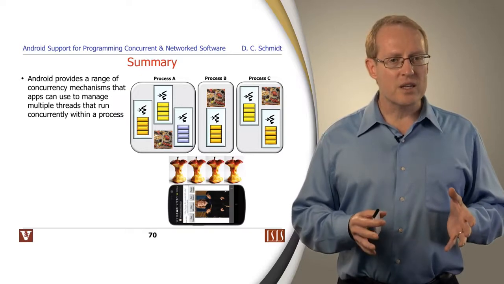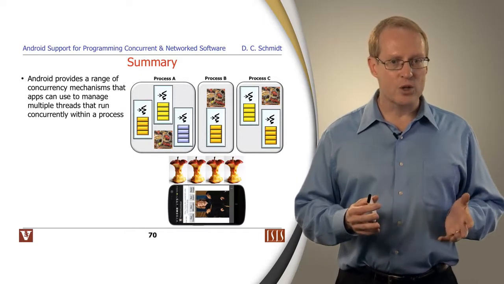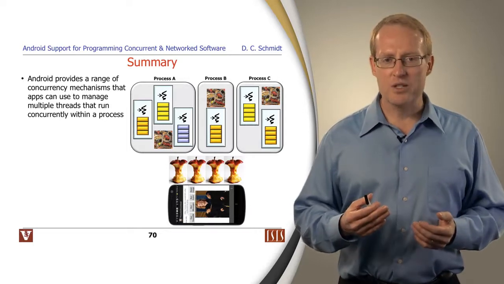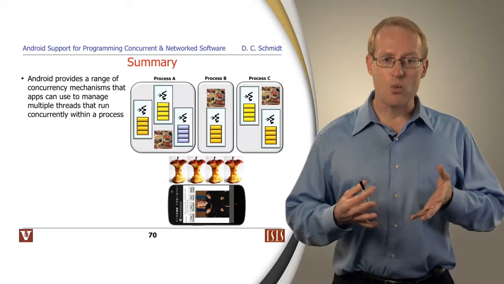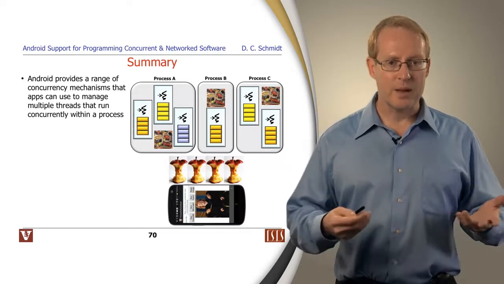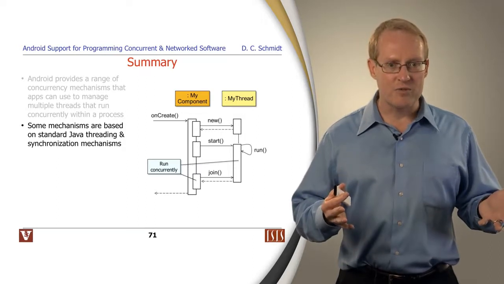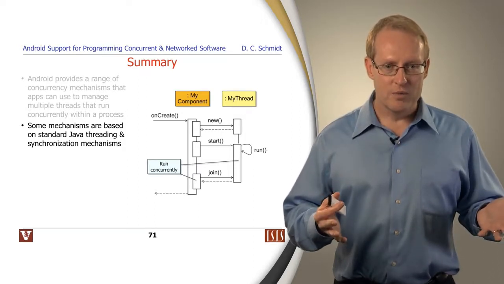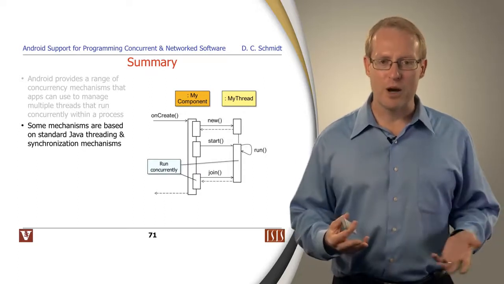So to summarize this part of the module, Android provides a wide range of concurrency mechanisms that applications can use to run different operations concurrently within a process, within an application. Some of these mechanisms are the kind of stuff you'd find if you were a regular Java programmer programming in a desktop environment or a server environment and so on.